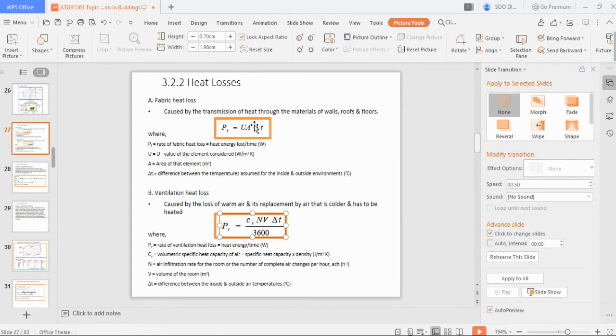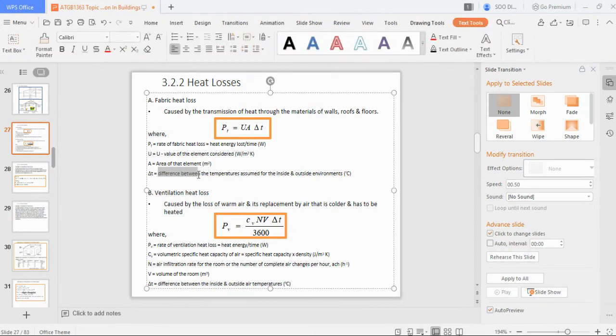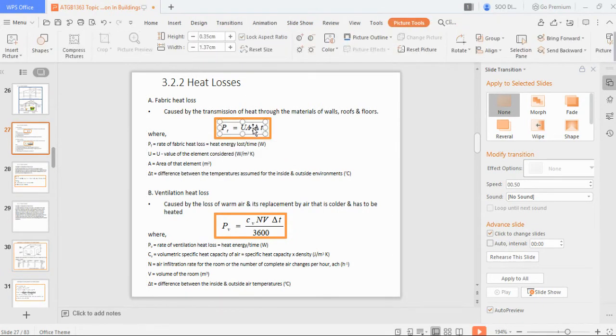In other formulas, this triangle is always the difference. So just keep that in mind when you encounter this triangle but are not given this T, but another value, either Celsius or theta.